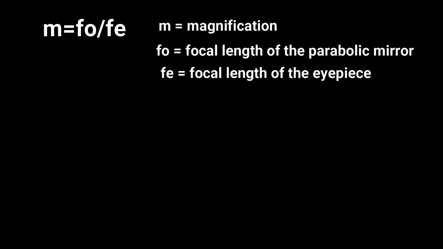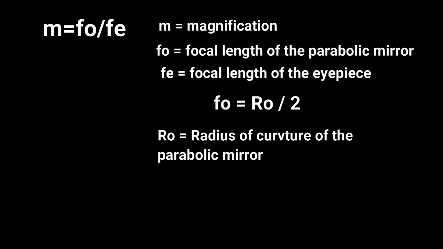Again we know the relation F0 equals R0 divided by 2, where R0 stands for the radius of curvature of the parabolic mirror. Hence we get M equals R0 divided by 2Fe. Hence if we want to magnify the image, either we have to decrease the focal length of the eyepiece or we have to increase the radius of curvature of the parabolic mirror.